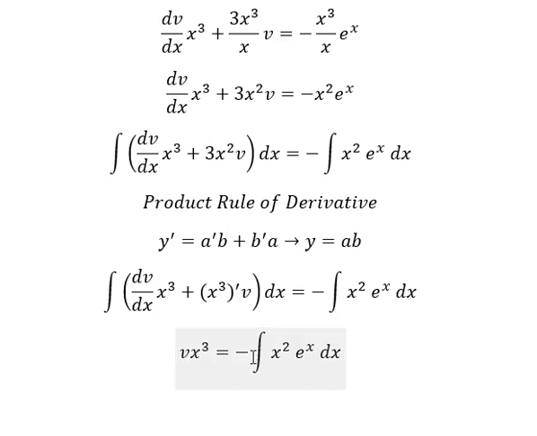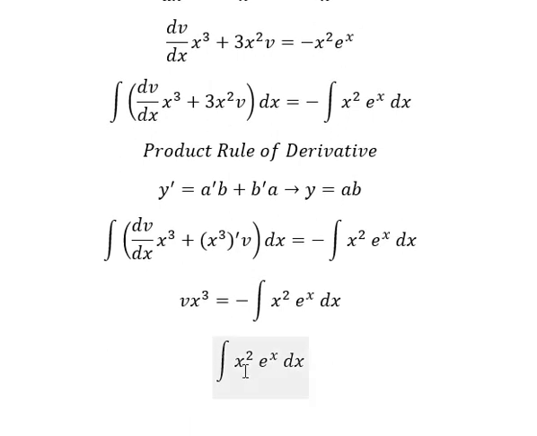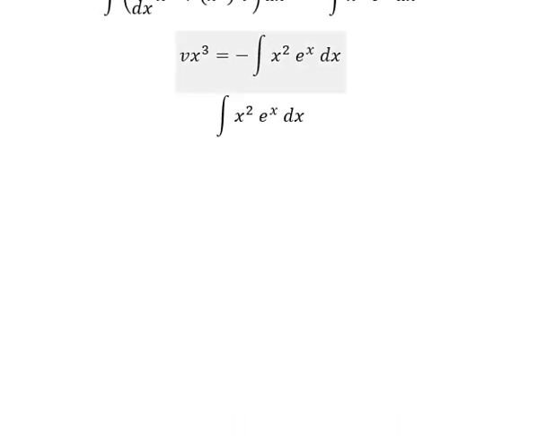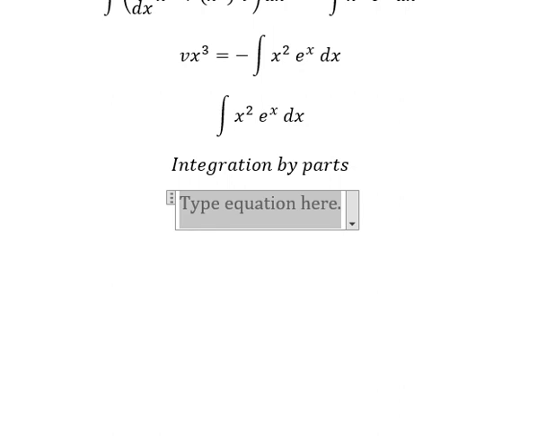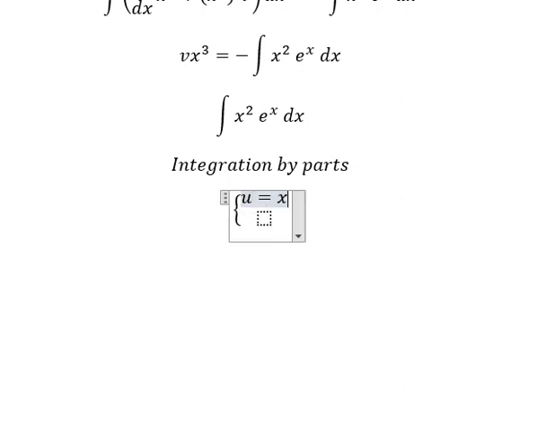Now, we need to focus on this one. So I just focus on this one only, not the negative side in here. So we can use integration by parts. So I will put u equals x squared.